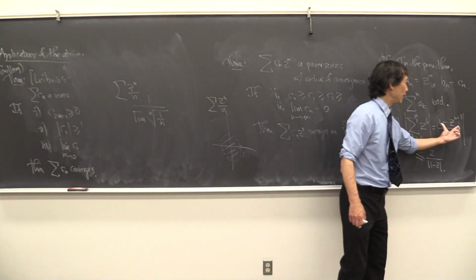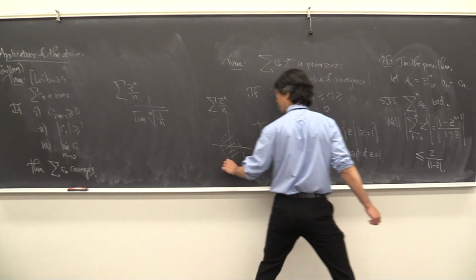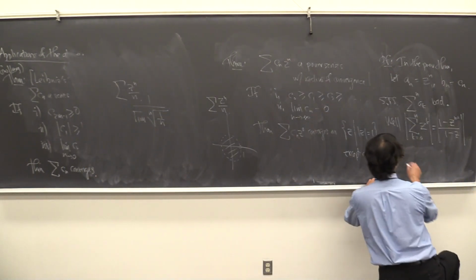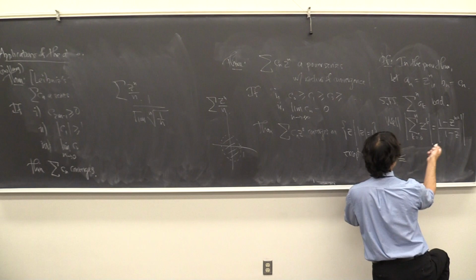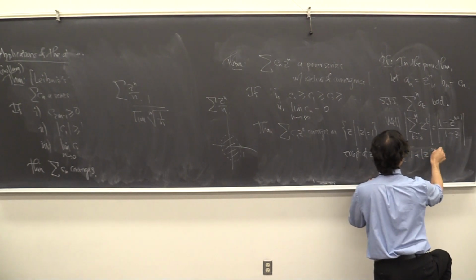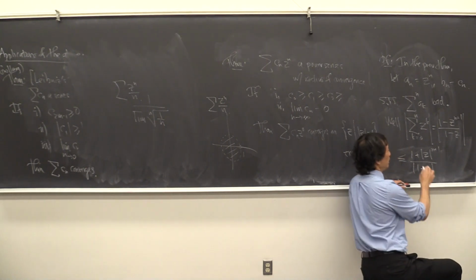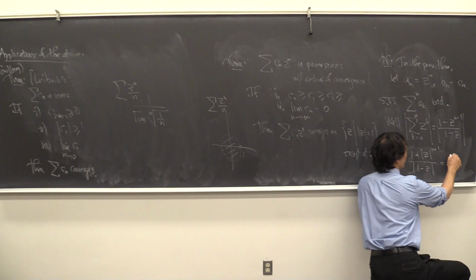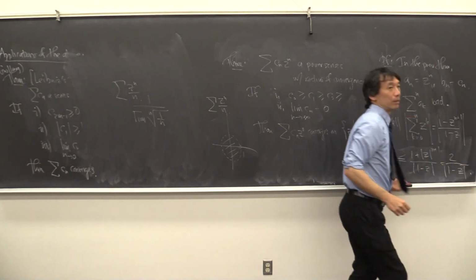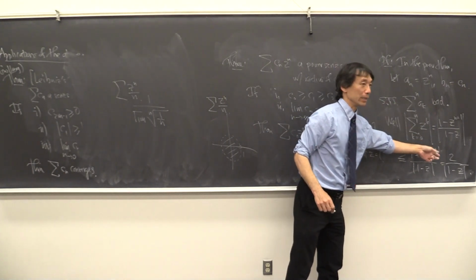So when we take the absolute value of this, you just use the triangle inequality. You get 1 plus the absolute value of z to the n plus 1 over 1 minus z, and this is 1, so you get 2 over the absolute value of 1 minus z. And so the partial sums are bounded. They're bounded by this thing.